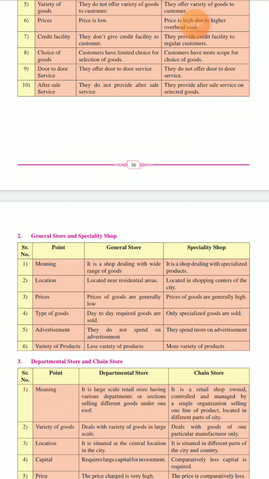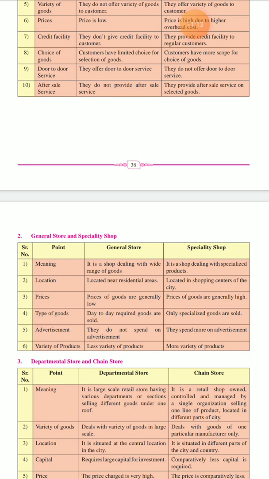The general stores that are in front of our house or beside our house, where you will get everything, you will get groceries, you will get stationery, you will get clothes, you will get everything whatever you require. That's why they are known as general stores. Whereas specialty shops are specialized only in clothes, or only in medicines, or only in groceries, they are known as specialty shops.